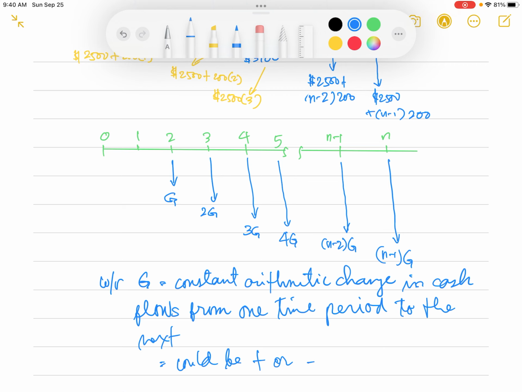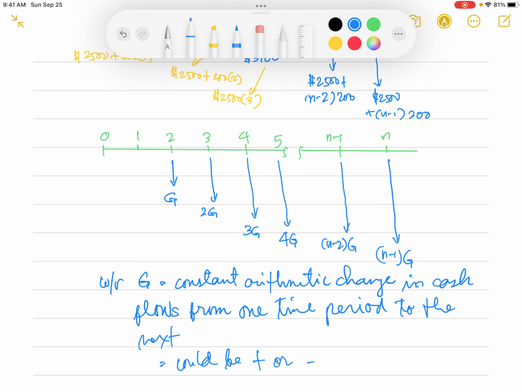Notice that while in other discussions we always start with the annuity or the uniform cash payment or deposit at the end of the first period, here G starts at the end of the second period.